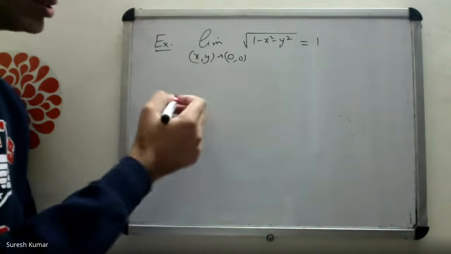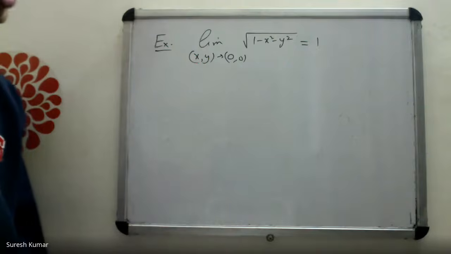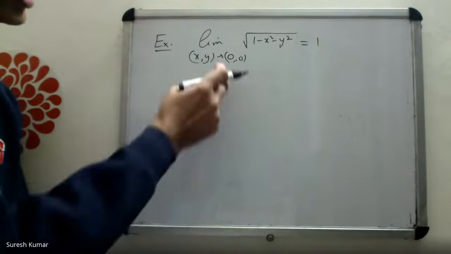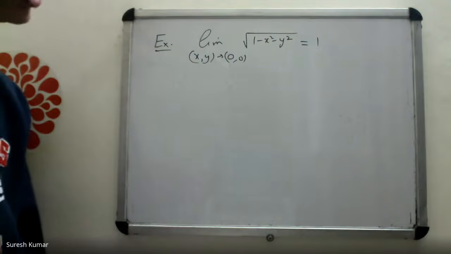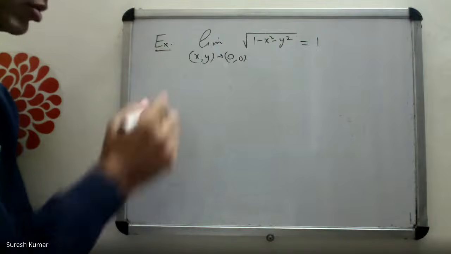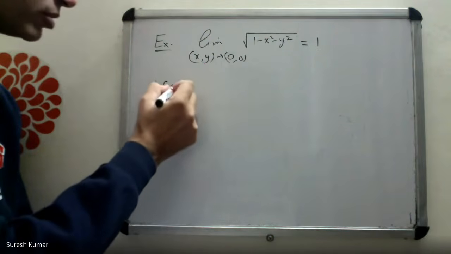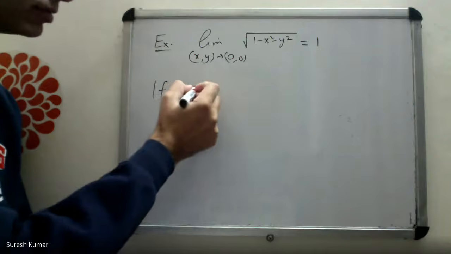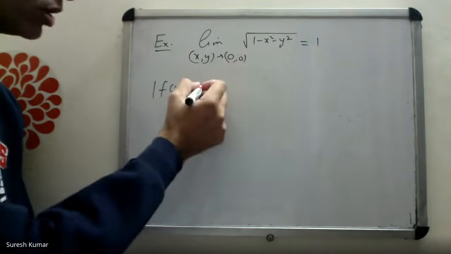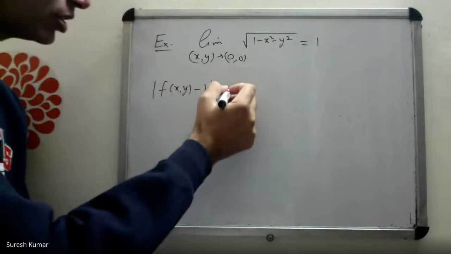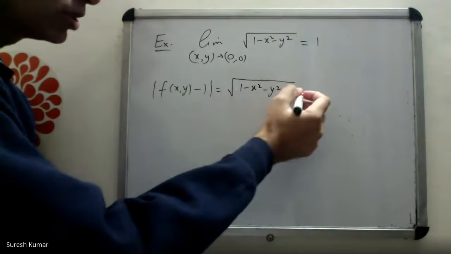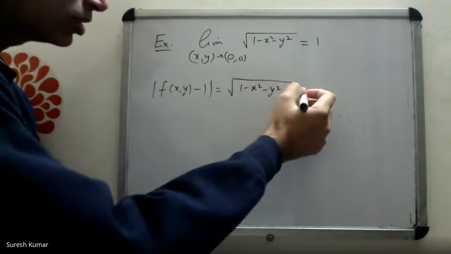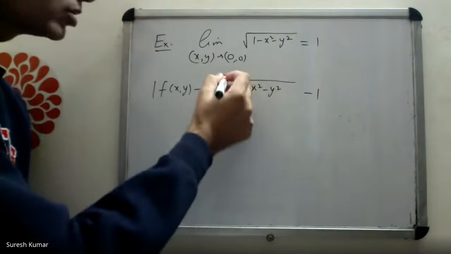We need to establish that for given epsilon positive, there exists some delta positive such that in the deleted delta neighborhood of (0,0), the corresponding values of f(x,y) lie in the epsilon neighborhood of L. Here L is 1 and we consider |square root of 1 minus x square minus y square minus 1|.